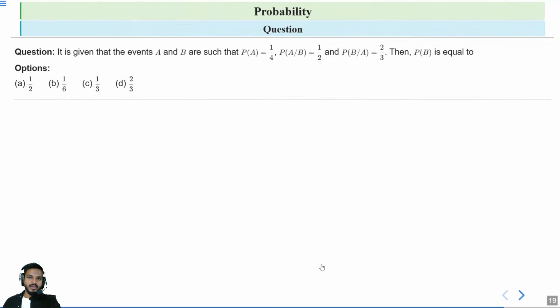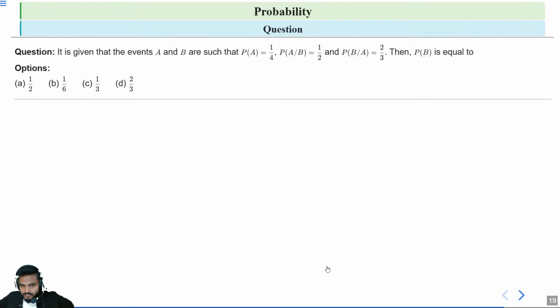Next question. It is given that events A and B are such that probability of A is 1 by 4, probability of A given B is 1 by 2, and probability of B given A is 2 by 3. Then what is the probability of event B? Okay, options are 1 by 2, 1 by 6, 1 by 3, and 2 by 3.